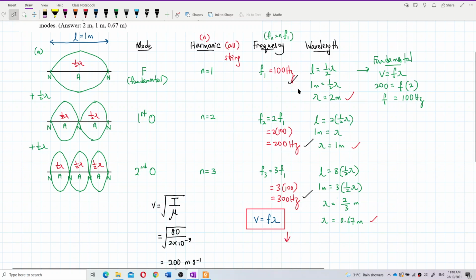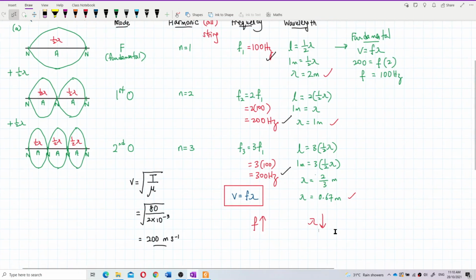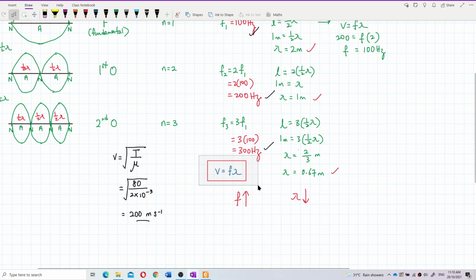The frequency is increasing, but the wavelength is decreasing. The wavelength becomes shorter and shorter, but the frequency becomes higher and higher. It's actually because of this formula.